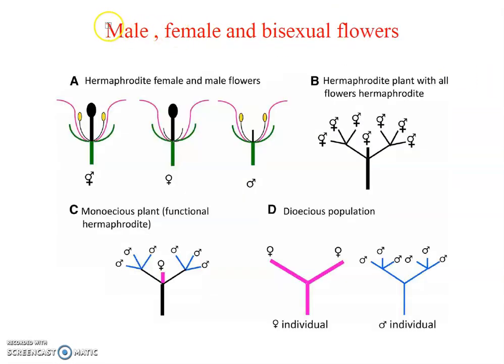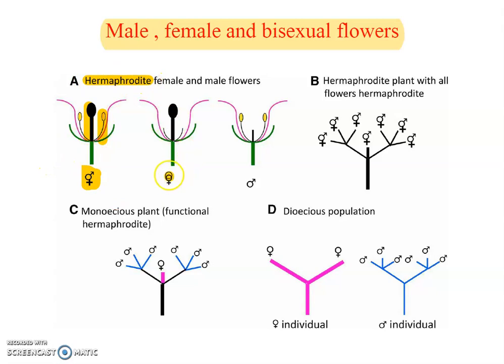See male, female and bisexual flowers. In this first diagram there are both male and female parts in a single flower. If in the flower both male and female parts are present, the flower is called a hermaphrodite or bisexual flower.